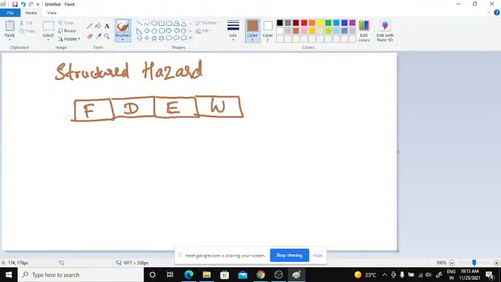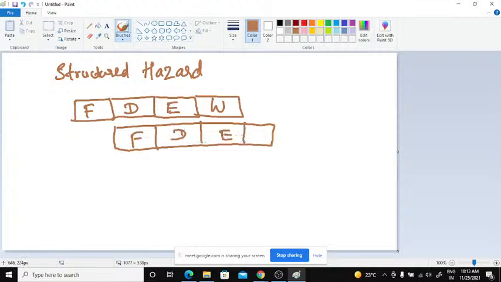If there is a 4-stage pipeline, fetch, decode, execute, so here what happens in the structural hazard.